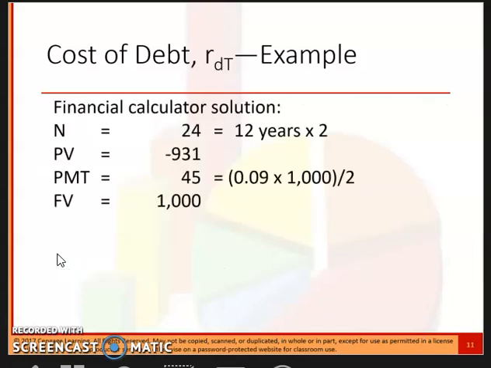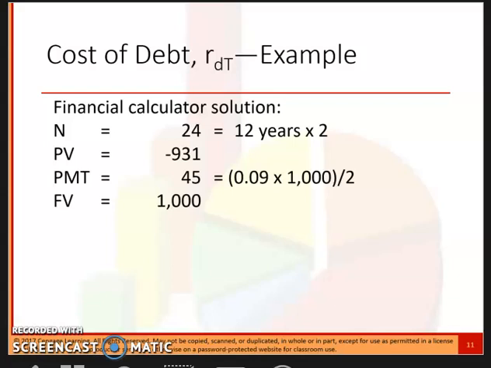On a financial calculator, N is going to be 12 times 2, 24. Present value is the market price of the bond, negative 931. Payment is 1,000 times the coupon rate of 9% divided by 2, and future value is the principal or maturity value of the bond.